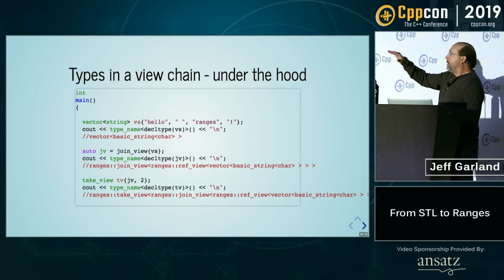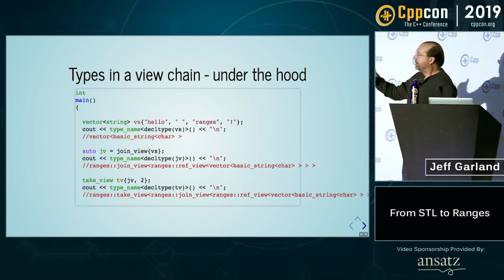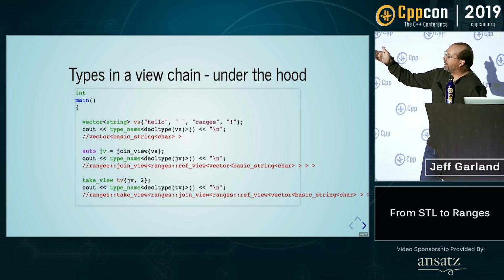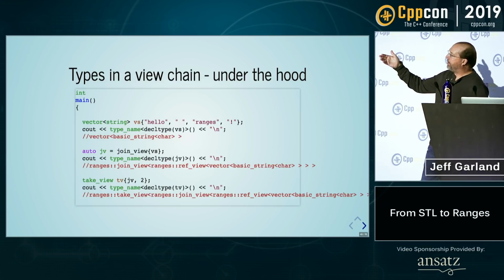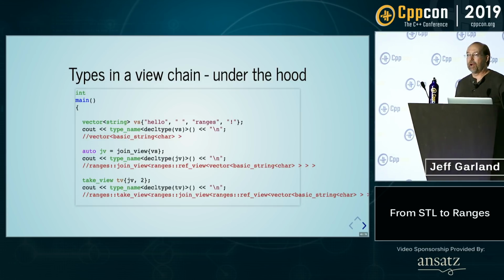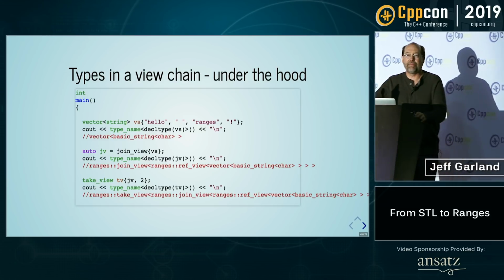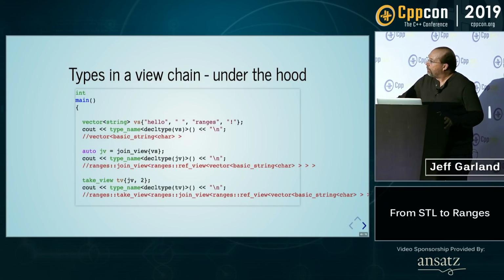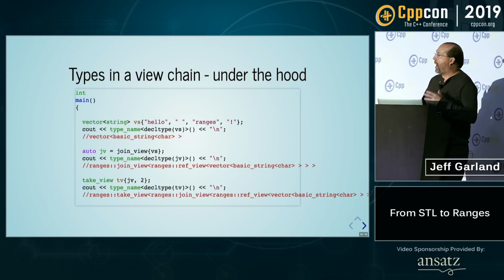So next, when I wrap a join view around it, and I get the type name of it, what do I get? I get join view of ref view of vector of basic string of char. Interesting. Where'd that ref view thing come from? So the ref view is part of the machinery of the library, and it's part of what gets wrapped around.